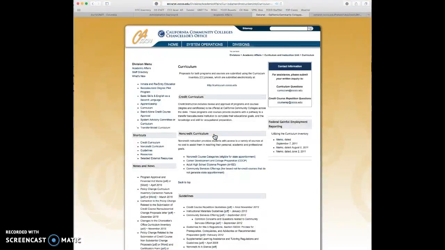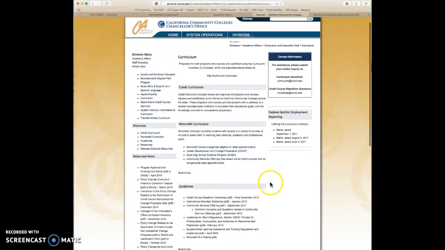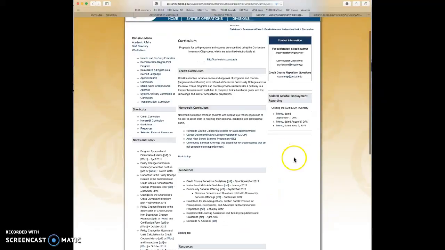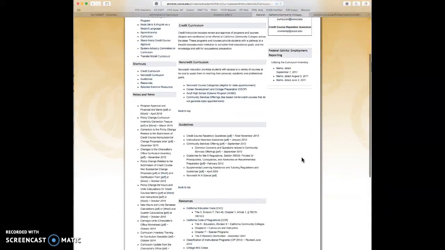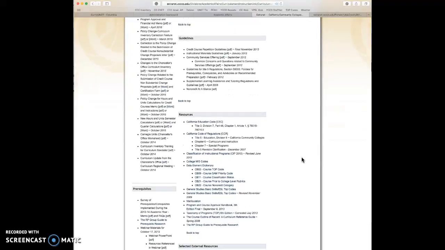So this gives you more of those resources, those memos, etc. But what it does down here is it gives you some guidelines, some resources that will be central to your role as curriculum specialist. And one of those is the taxonomy of programs under here, under resources. So I'm going to go ahead and open that up.